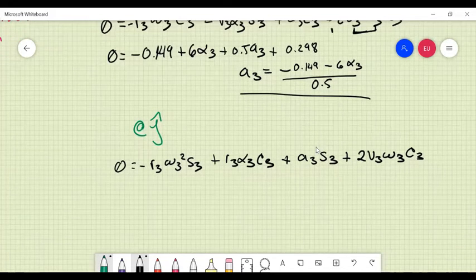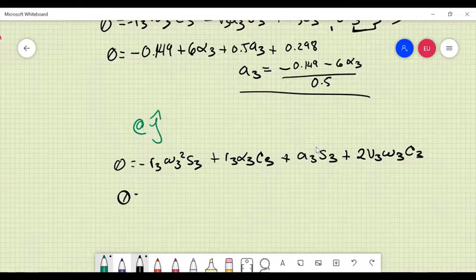Substitute numbers, give me the numerical values. This bit here is how much? Multiply it. You have the value for omega, you have the value for theta, and you have the value for R3.